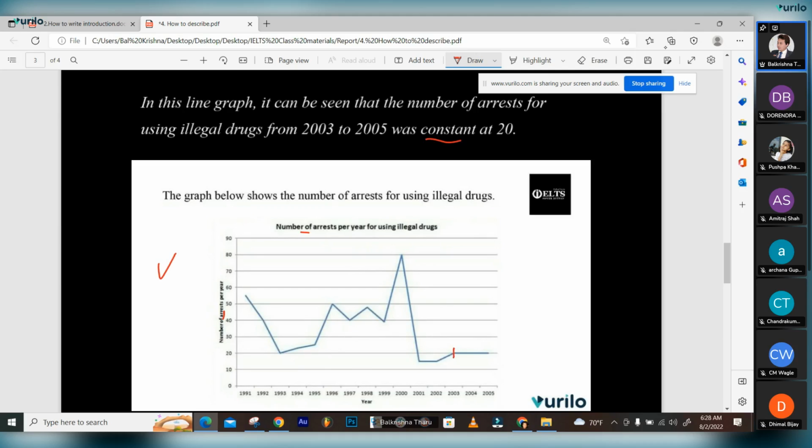You can see there was no change. Constant. So we need to consider a pattern like this.